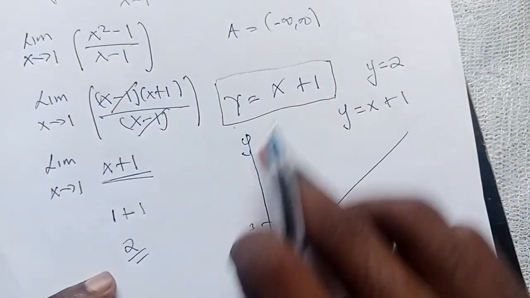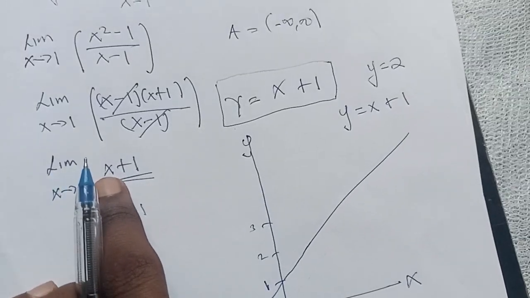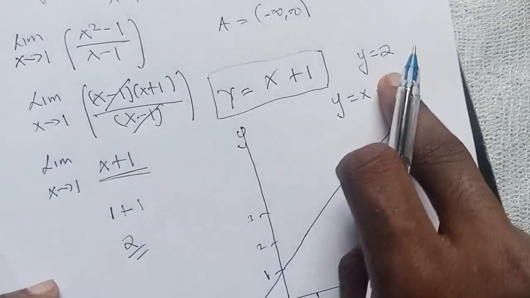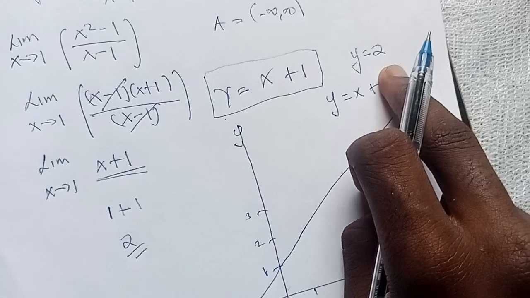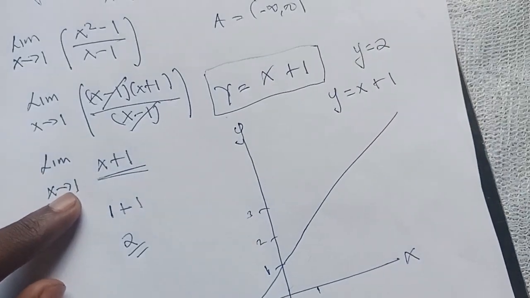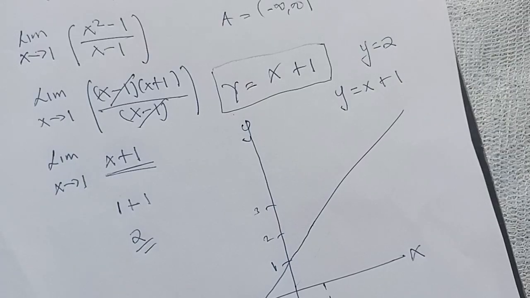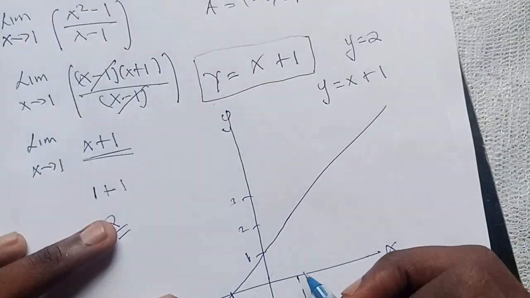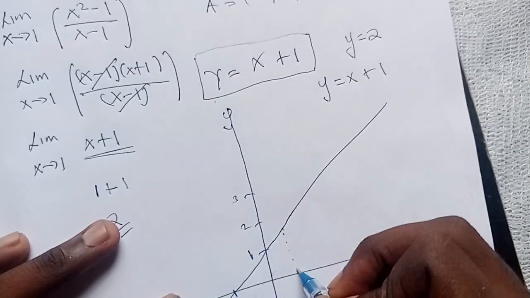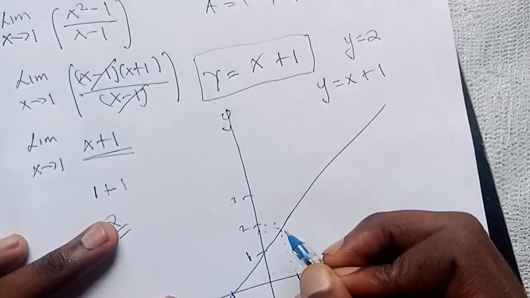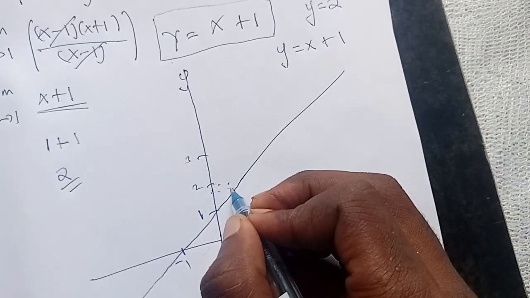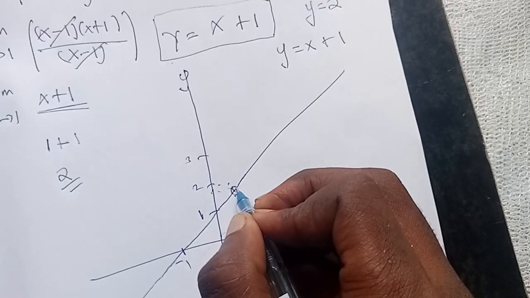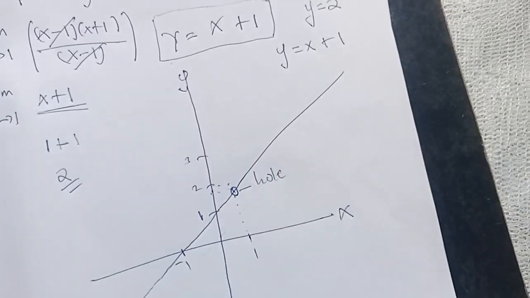So if you substitute x approaching 1, where there is x you put 1, you are going to have the value of y, which is 2. What is the input that is giving the output? It's 1. So when you plug in 1, the output is 2. So at this point, 1, 2, in this rough sketch, there is what we call a hole.